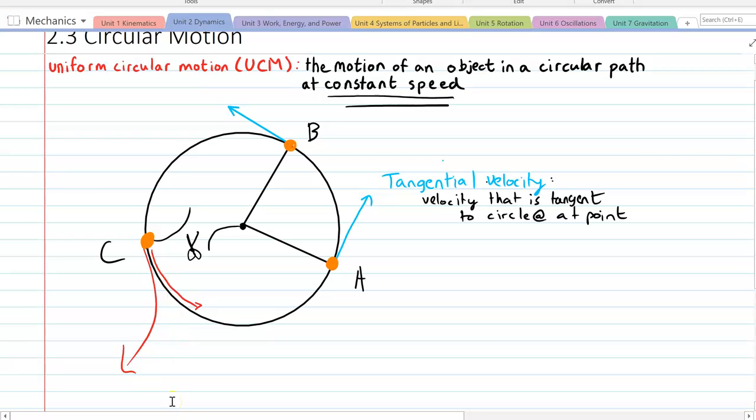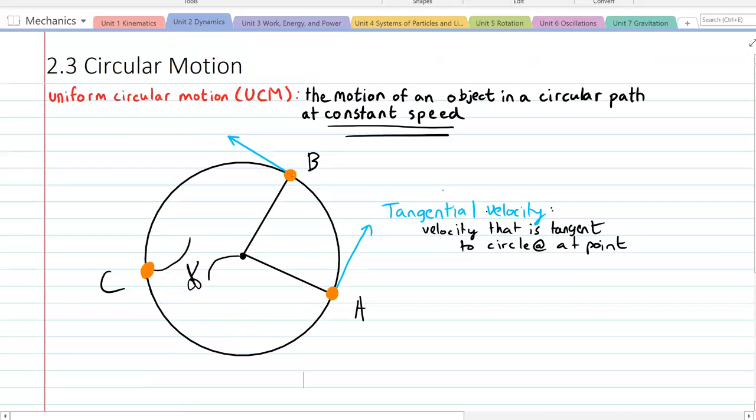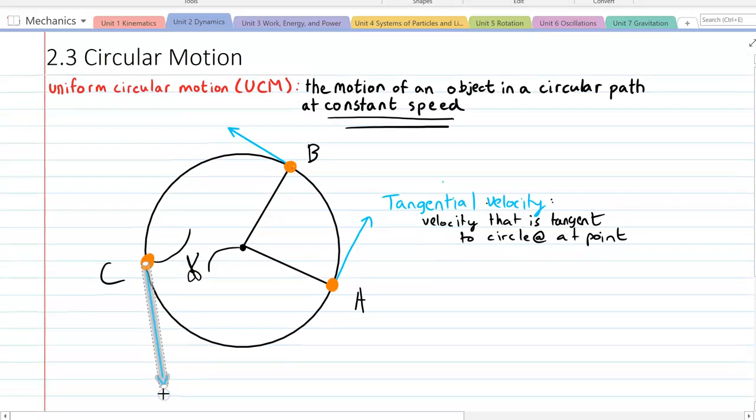And to answer this question, we look at the tangential velocity. Because velocity basically says what direction you are headed in, if we were to draw the tangential velocity right here, that's a bit long. Let me draw this a little bit better. Probably like there, right?